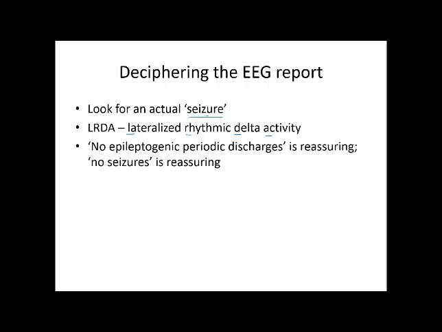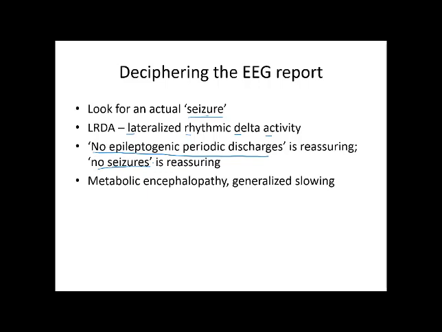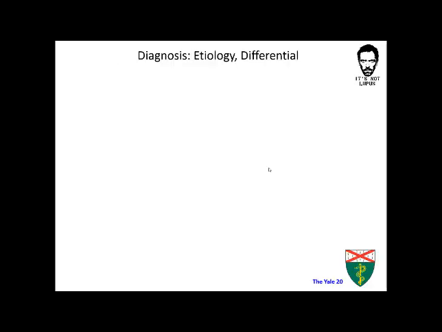Reassuring words are if there are no epileptogenic periodic discharges or no seizures. Also, something that we frequently see on our medicine EEGs is just reflective of metabolic encephalopathy, generalized slowing. This means the brain is kind of off, but it's really not having excitability that's concerning for seizure.